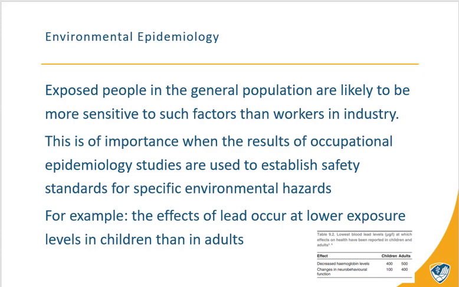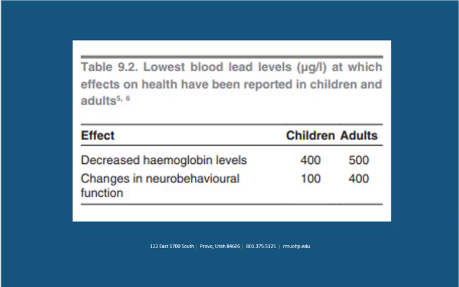Exposed people in the general population are likely to be more sensitive to such factors than workers in industry. This is of importance when the results of occupational epidemiologic studies are used to establish safety standards for specific environmental hazards. For example, the effects of lead occur at lower exposure levels in children than in adults.